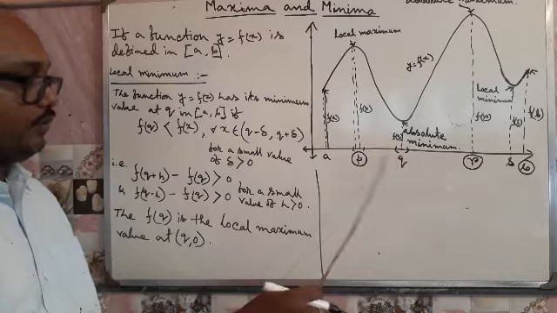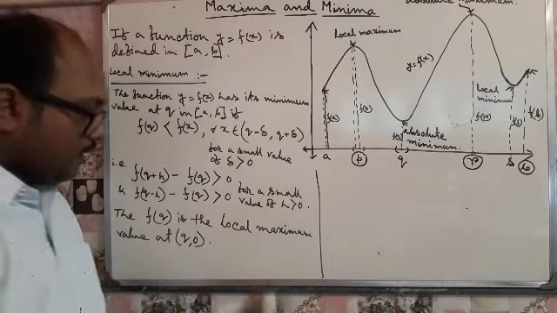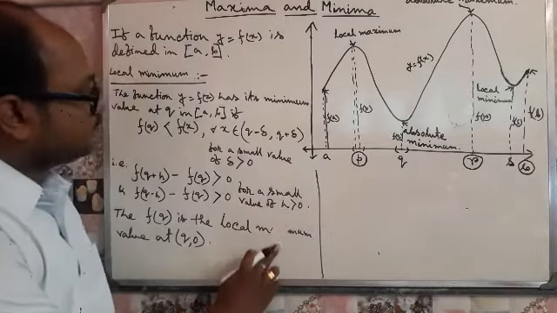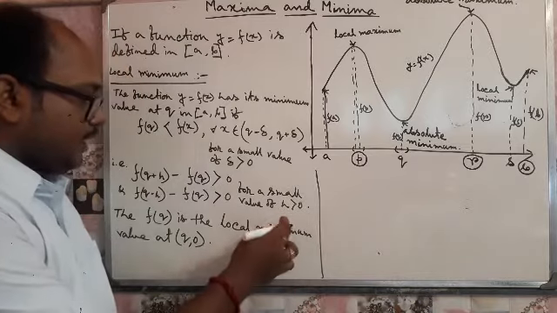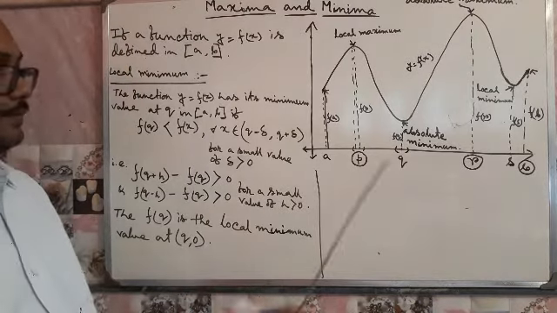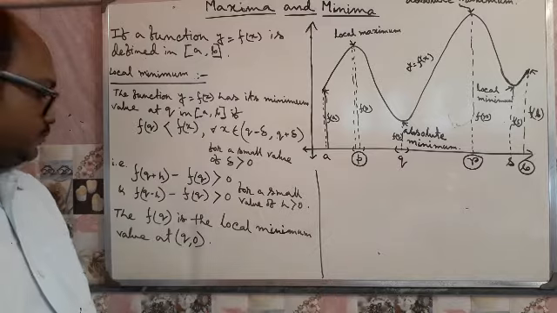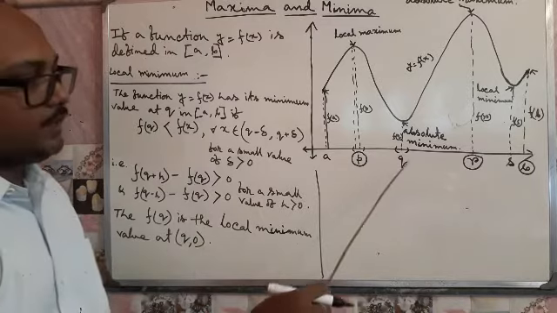Therefore, f of q is a local minimum at the point (q, 0) at the point q.